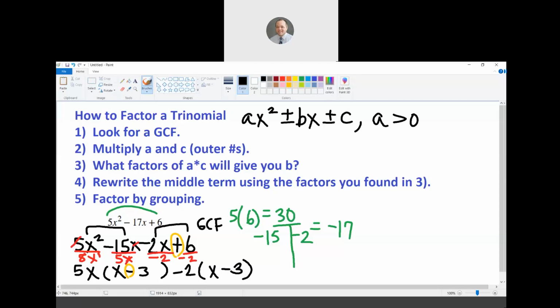Now, this is a great sign that you got the same expression in both pair of parentheses. That means you're factoring correctly. So we'll pull out the x minus 3. Now, when we pull out the x minus 3 from both terms, what's left is 5x minus 2.